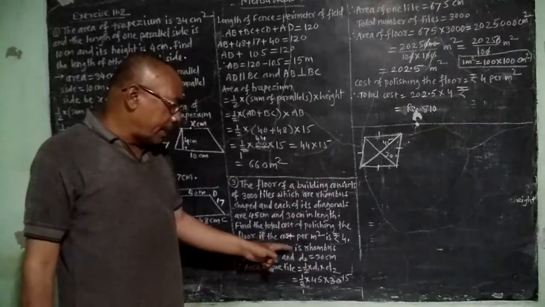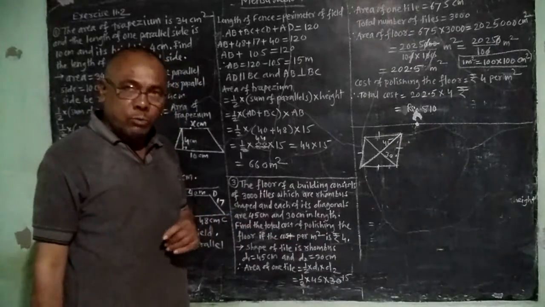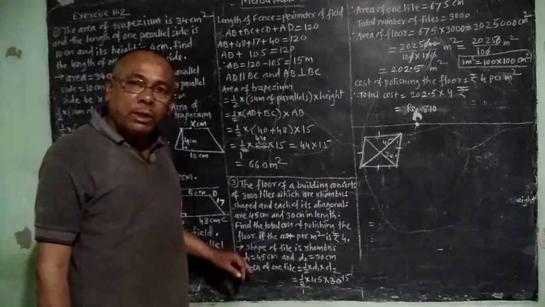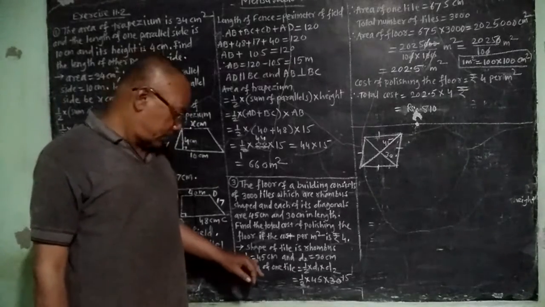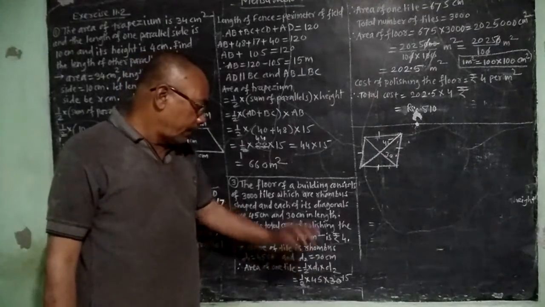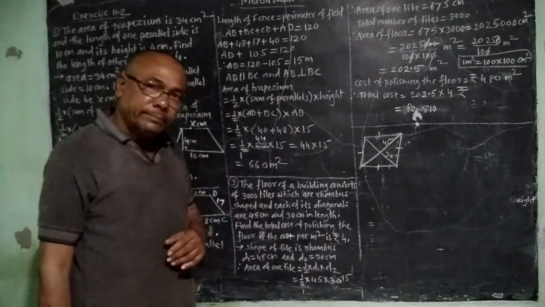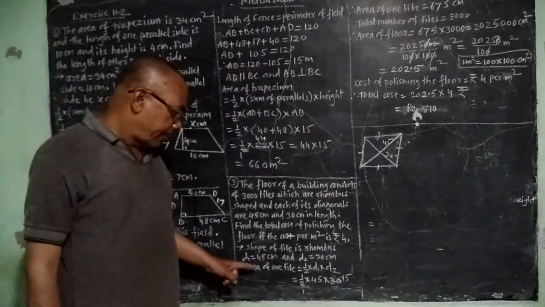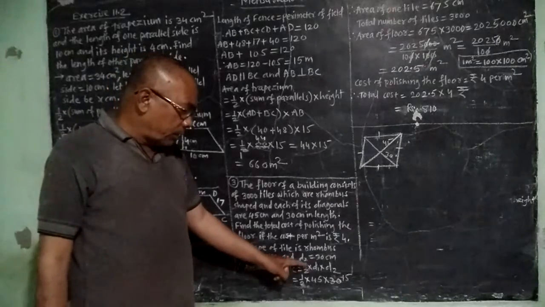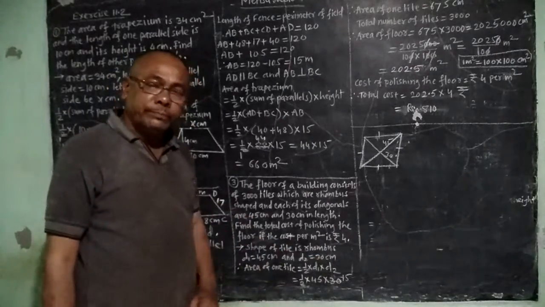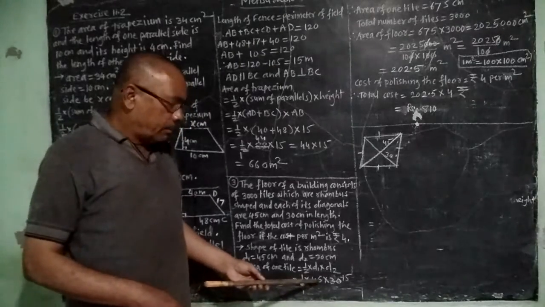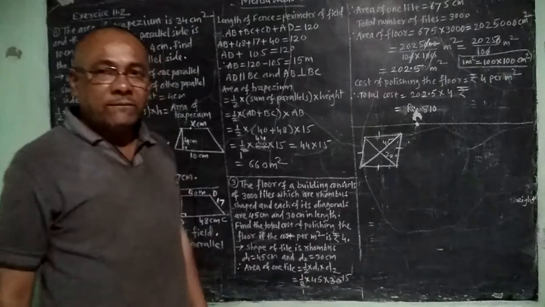Shape of tile is rhombus shape. Now d1, the first diagonal, is 45 centimeter and second diagonal d2 is equal to 30 centimeter, and therefore area of one tile is equal to 1/2 into d1 into d2, that is equal to 1/2 into 45 into 30.